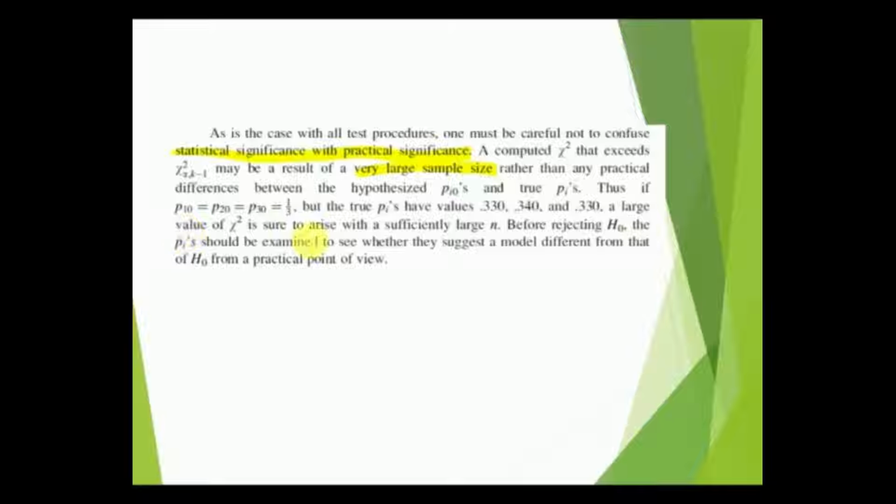But before rejecting the null hypothesis, the estimated proportions should be examined to see whether they suggest a model different from that of the null hypothesis from a practical point of view. So you may find that your proportions differ significantly simply due to the size of the sample. But practically, there's not really a difference between 33, 34, and 33.